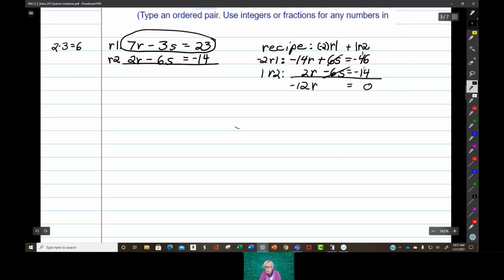Carry the 1. If I'm ignoring the negative signs, 1 plus 4 is 5 plus 1 is 6. So -46 plus -14 is -60. Or you can put it in your calculator.